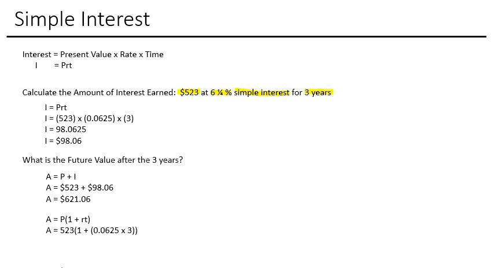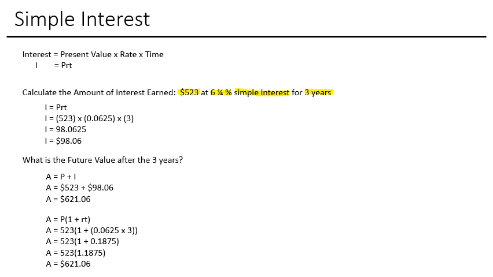So if we just plug those values in, you'll see that it takes a little bit more calculation here. You have to be careful that you use some parentheses. The first thing I did was use my order of operations. I do this set of operations first and got 0.1875. Now I'm going to add these two together, and then multiply 523 times 1.1875.